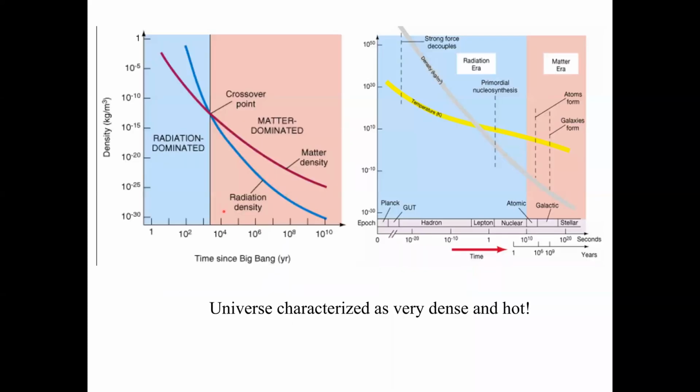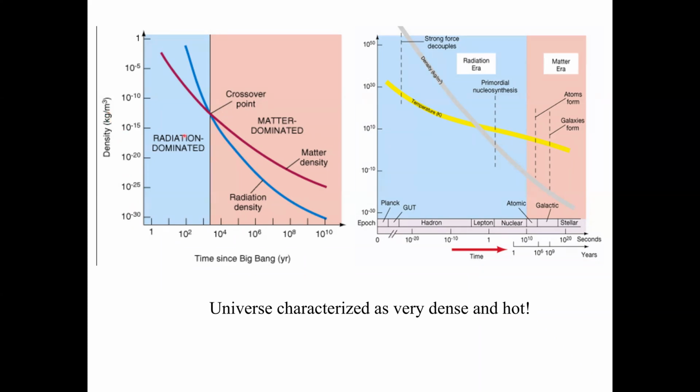Right, and these two graphs also tell you something about the radiation and matter eras in the universe. You can see this axis right here is the time since the Big Bang, and this is the point where the Big Bang started. Then along the x-axis you have the time, and the y-axis is the density of the universe, in kilograms per cubic meter.